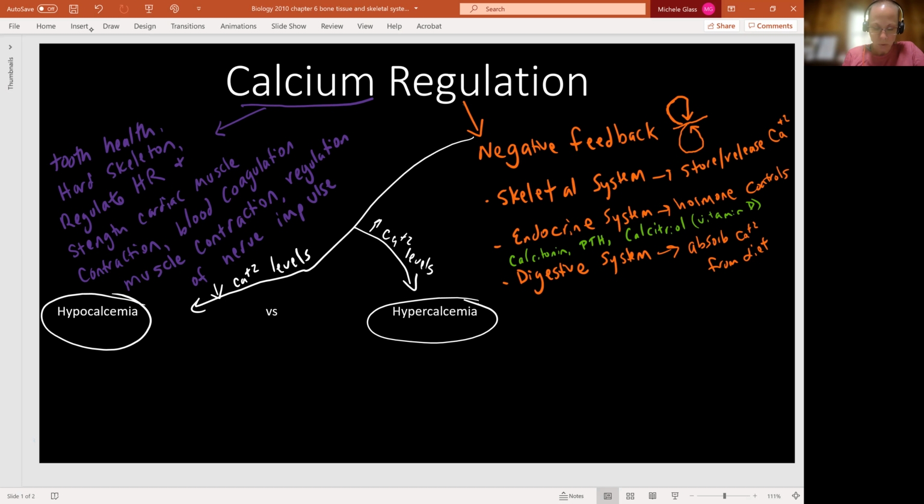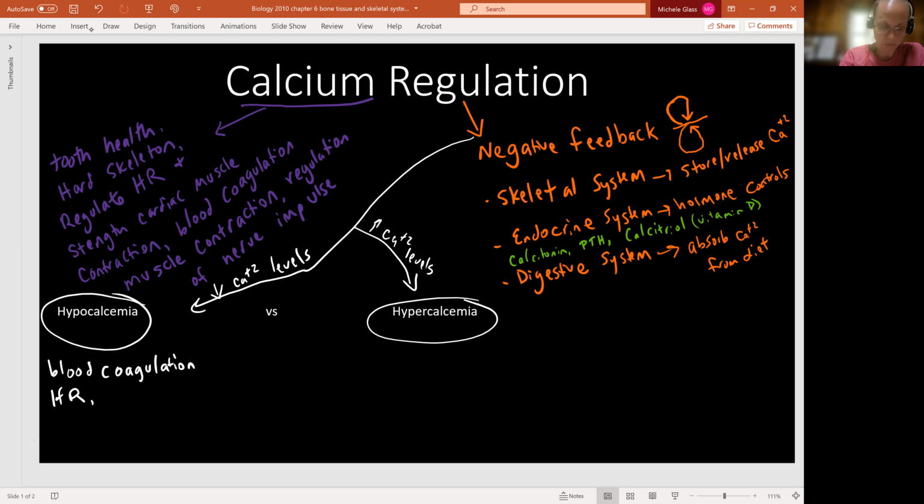When we talk about hypocalcemia, the effects in the body include blood coagulation. So here we're getting blood cells clumping together when we don't want them to. We're going to see effects in the heart rate, which I'm again abbreviating HR.